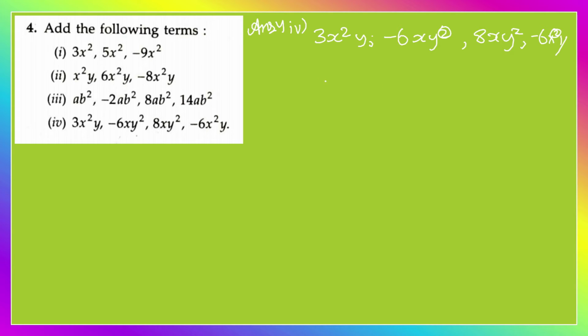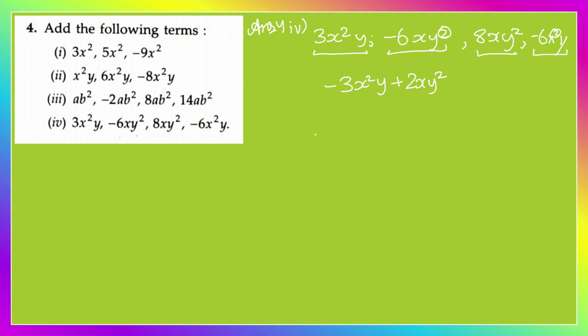That's why, if I want to add them, I'm going to add separately. 3x squared y minus 6x squared y will give me minus 3x squared y, because minus 6 plus 3 is minus 3. Very easy. And now for minus 6xy squared plus 8xy squared, I'm going to get positive 2xy squared, positive because minus 6 plus 8 will become plus 2.